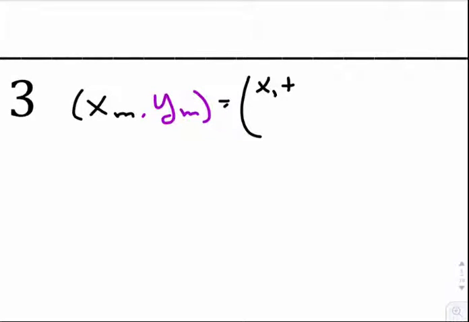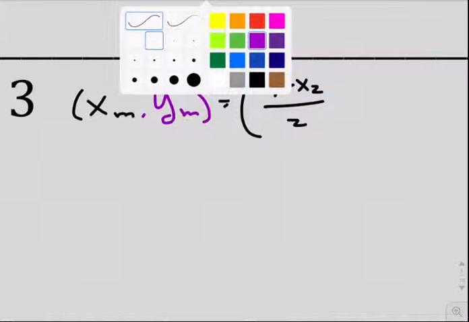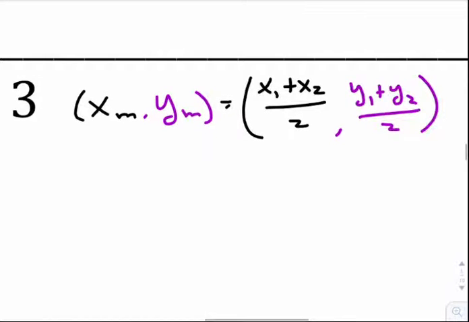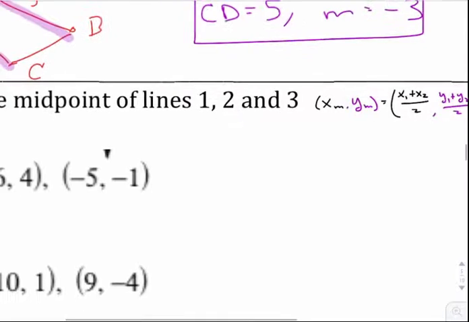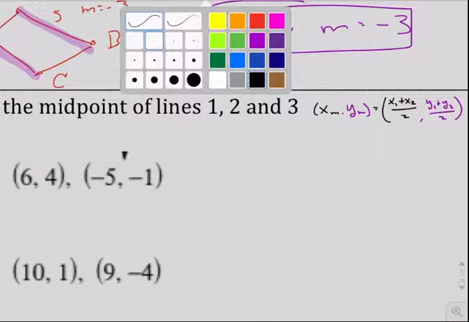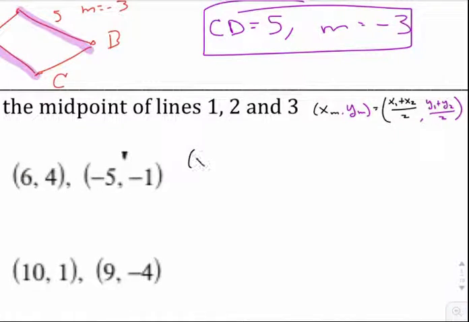So if you average, you're going to add the x's together, that is an add, divide by 2. And so if you want the y coordinate, we're going to do the same exact thing, y1 plus y2 divided by 2. And so that's what we're going to see in action over and over again here. We're just going to be averaging our x's and y's. So if I want the x value of the midpoint, I'm going to be adding my x's together.